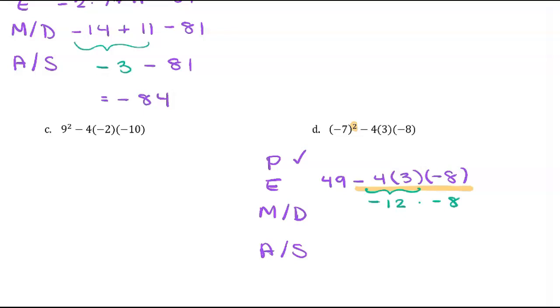So now we have negative 12 times negative 8, which is a positive 96. So what we have after this step is 49 plus 96. The last step is to add and subtract. We have positive 49 plus a positive 96 for a grand total of 145.